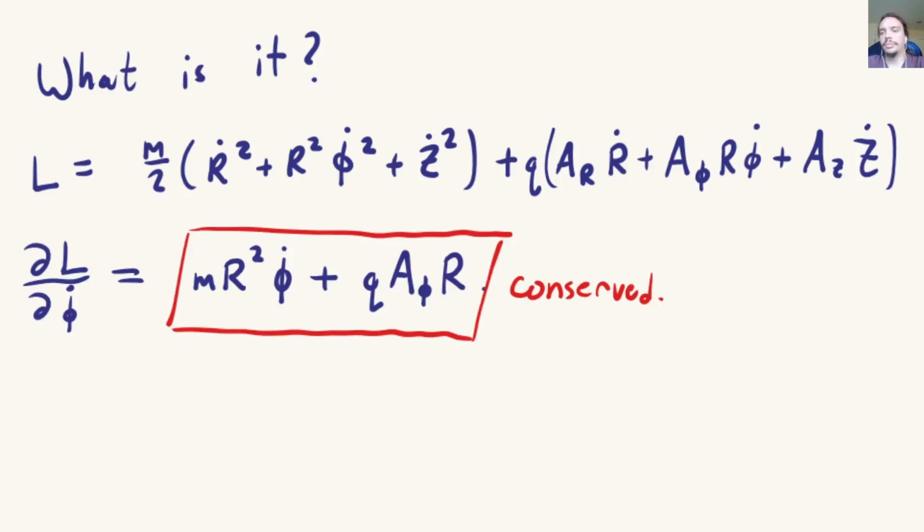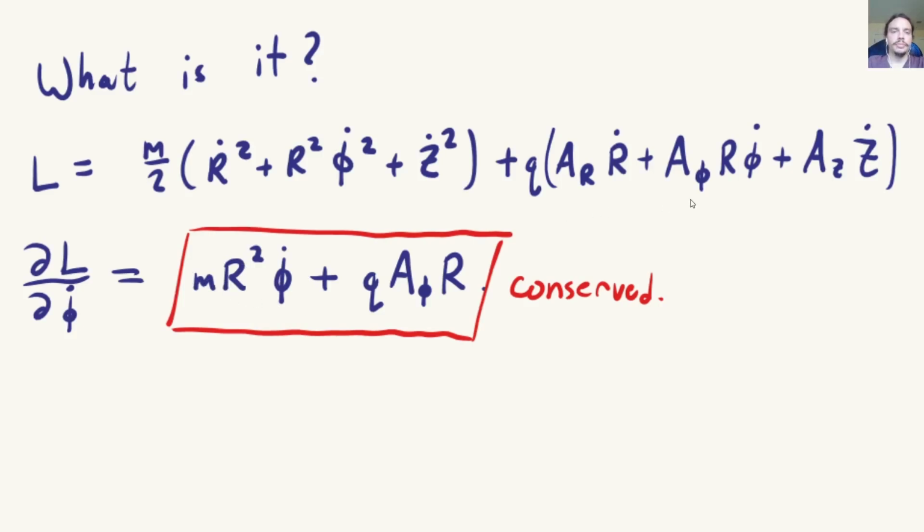Okay, and now we can compute the derivative with respect to φ̇. There's only two terms that depend on φ̇ here. There's m/2 r squared φ̇ squared, and there's q A_φ rφ̇. When you differentiate the first one with respect to φ̇, you get 2 times m/2 times r squared φ̇. So that leads us to m r squared φ̇ right here.